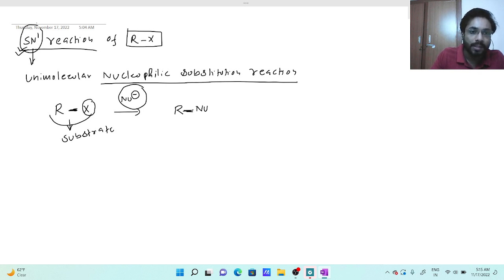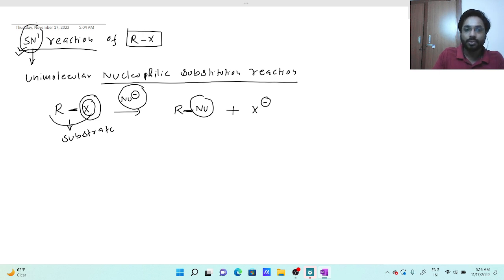This leaving group is replaced by the nucleophile, and this is the leaving group X minus. So simply here we can understand that this is the reaction in which nucleophile is substituted over the leaving group. Okay, such type of reaction is known as nucleophilic substitution reaction, and we are particularly focusing on the alkyl halide.